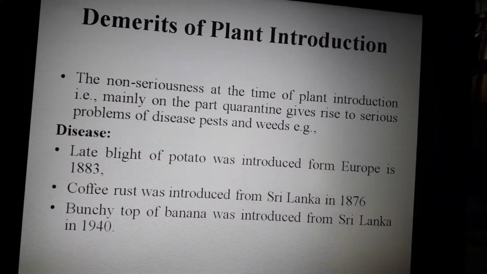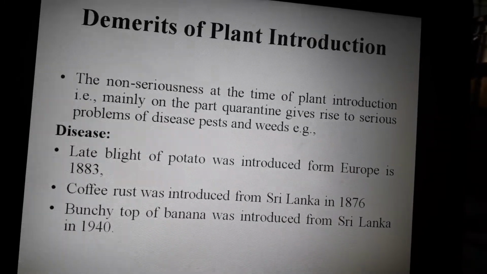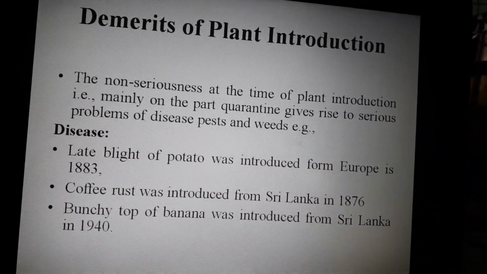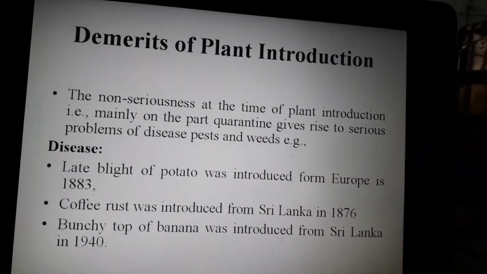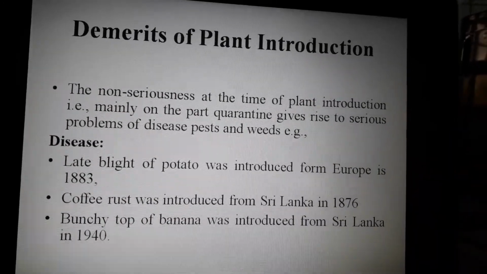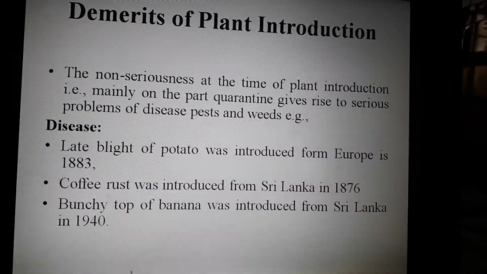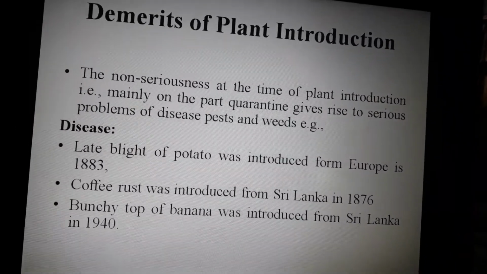In the same manner, what are the demerits of plant introduction? The main disadvantage is that the plant which we have brought from another place can harm our own plants, they can disturb the normal microflora of our area, and they can be infested by different types of disease.